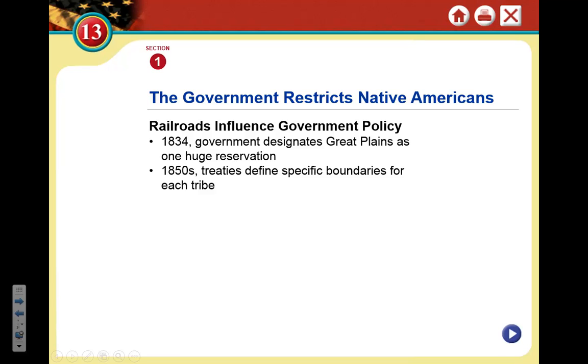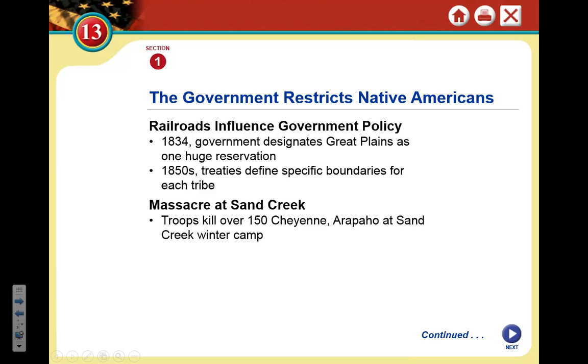The government restricts Native Americans. Bloody battles continue. Why did Indians and settlers fight each other? Along the Great Plains, Native Americans and white settlers often clashed, mainly over land and resources. One of the more tragic clashes occurred in 1864.